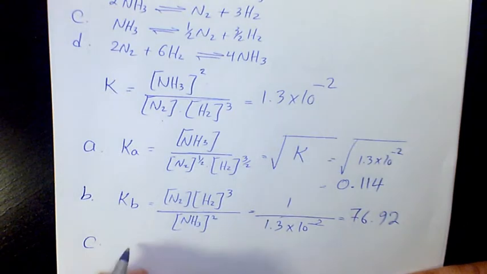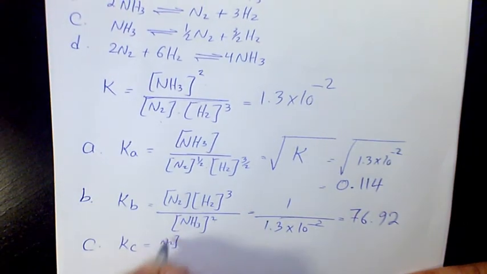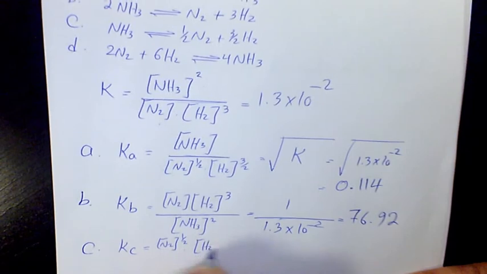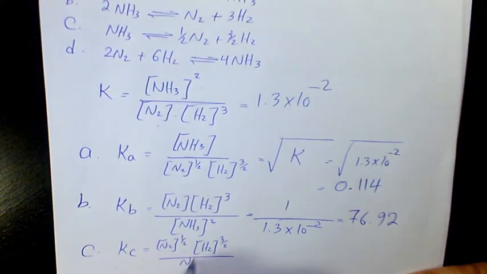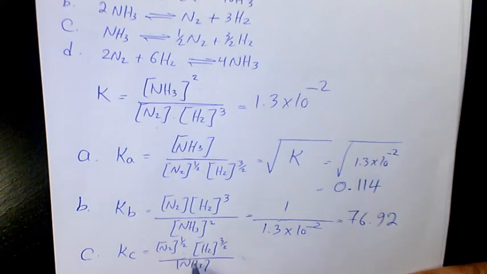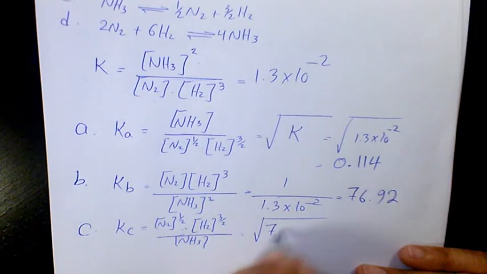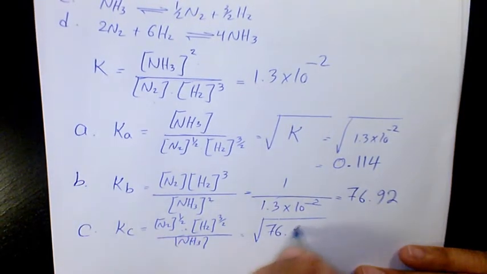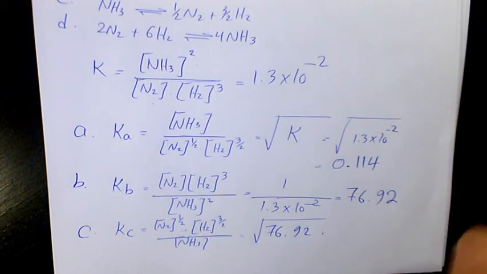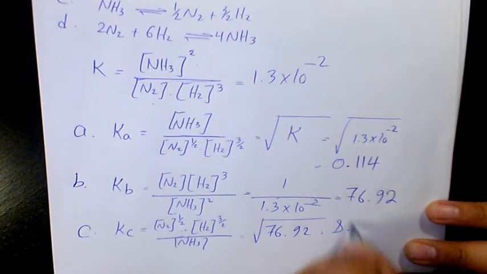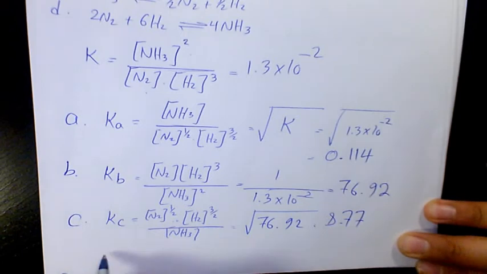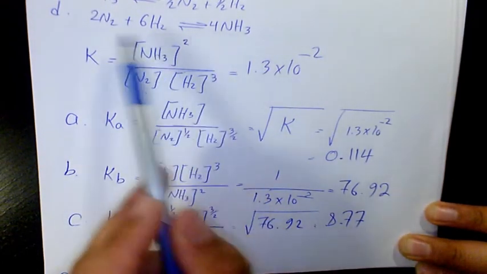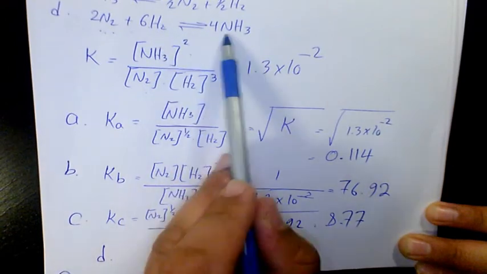C, that's going to be Kc, N2 to the power of 1/2 times H2 to the power of 3/2 divided by NH3. As you see here, if you compare with the previous one, it is going to be the square root of Kb, which is 76.92. So the square root of 76.92 is going to be 8.77. Now the last part, 2N2 plus 6H2 gives 4NH3.